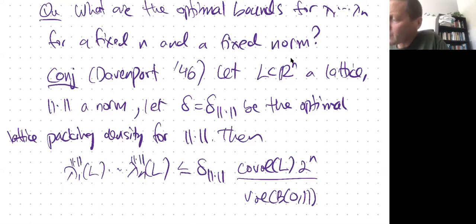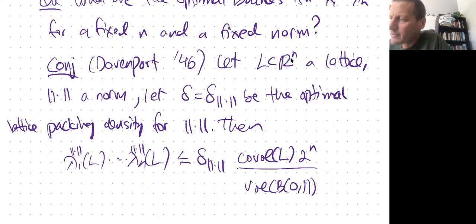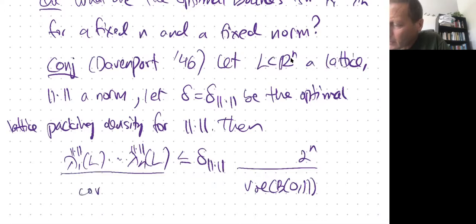Okay, so this statement is exactly, well, let's move the co-volume so it's easier to compare, exactly the same as the right-hand side of Minkowski's second theorem, except for the appearance of a new term, this delta. Delta is a number that's smaller than 1, so this is a stronger statement than what's known, and this conjecture is wide open. What is delta?